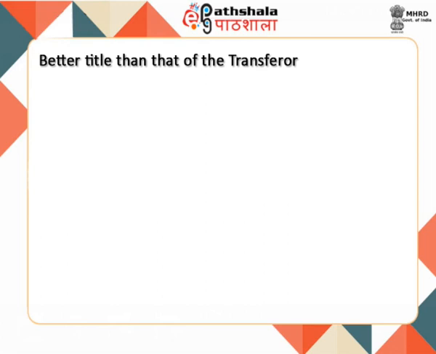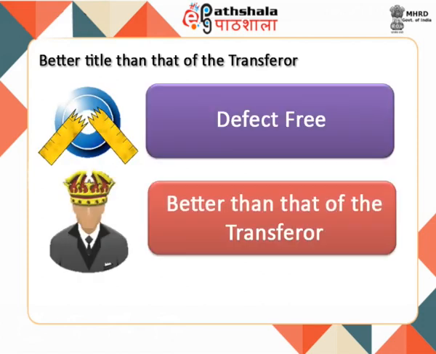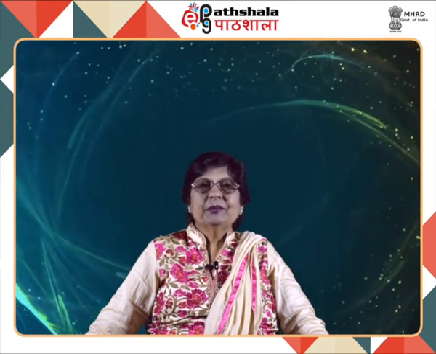The first one is that a holder in due course would acquire a defect-free title which shall be better than that of the transferor. A person who is only a holder gets a title over the instrument which is at par with that of his transferor.